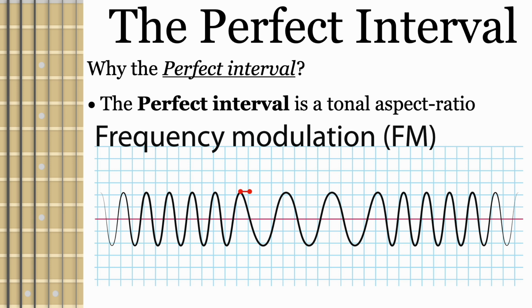And if we want to take a look at that, we could look at the distance between the peaks and call that our width. Then we can take the distance between the peaks and the valleys and call that our height, right? Based off the aspect ratio of the width and the height, we'll get different aspect ratios.